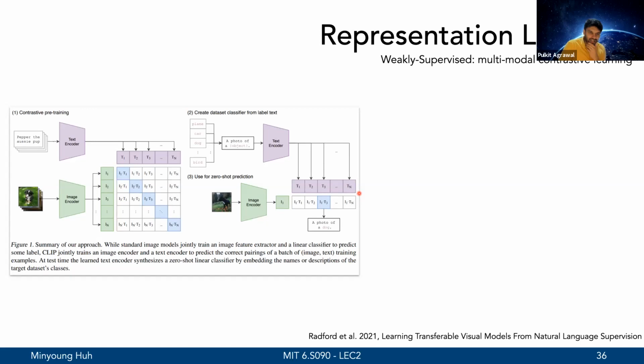And the envelope of supervised learning also got pushed quite a lot. I think early this year, there were 2 papers which came out, one was DALL-E and one was CLIP. What were these papers doing? Especially the CLIP paper was focused on representation learning. They took images and captions corresponding to images, for example, Pepper the Aussie pup, or some description of the image.